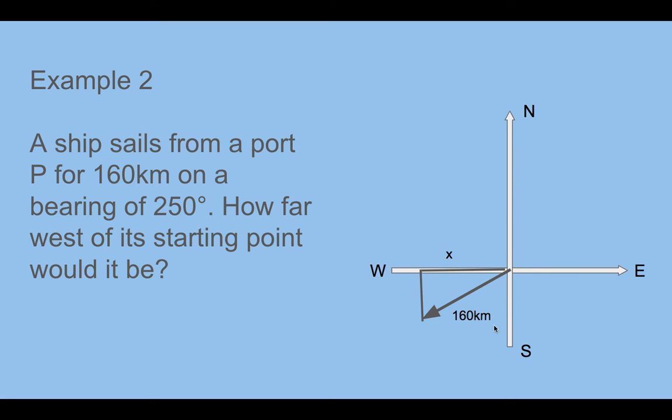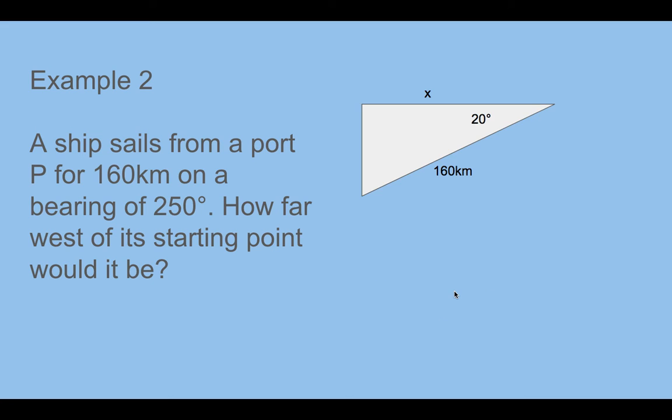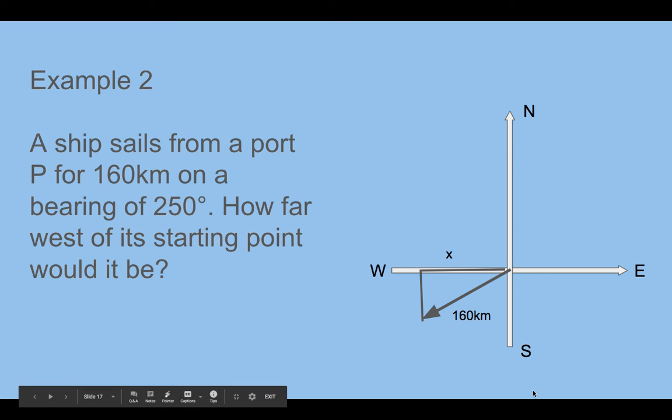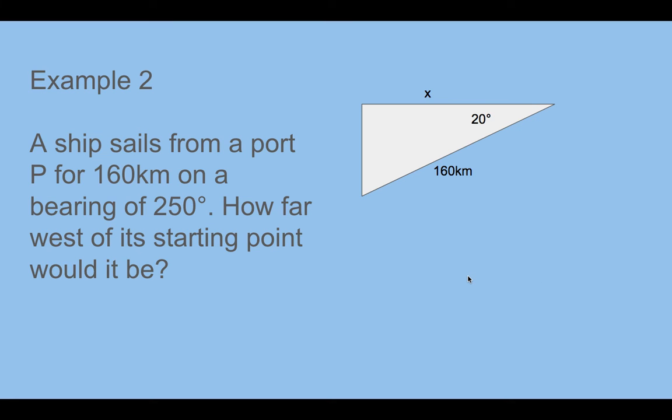Again, once we have this diagram, we really don't need it anymore, and we can just draw this as a nice, simple right angle triangle. We don't need any of the other stuff. What we had was that this bearing was 250. Right the way around is 270, so this extra bit must be 20: 270 minus 250 gives us the 20. And then what have we got? I think we've got cos again.